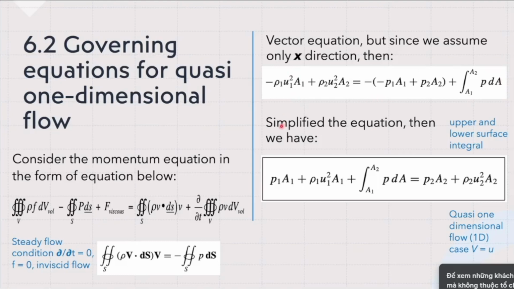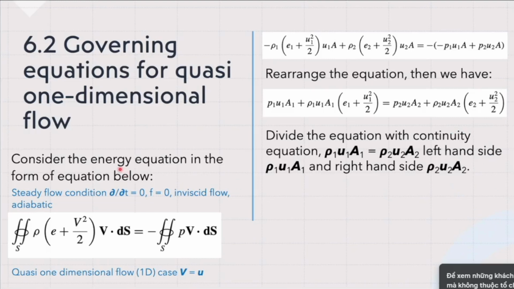So we then simplify the equation. We have this expression, upper and lower integral, basically representing station 1 and 2. Area in station 1, area in station 2. And we also know that for quasi-one-dimensional flow, V equal to U. So we then replace all the U to be equal to V, right?